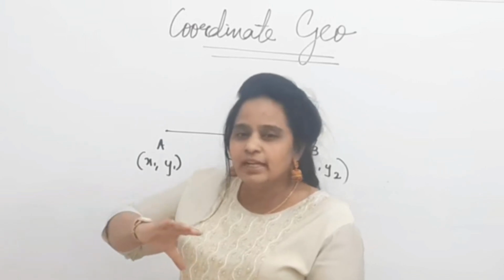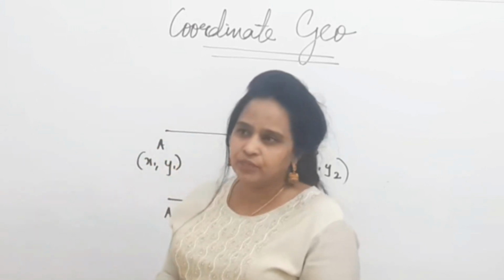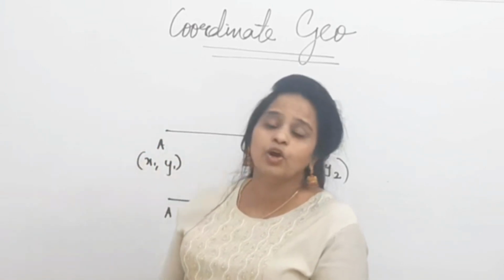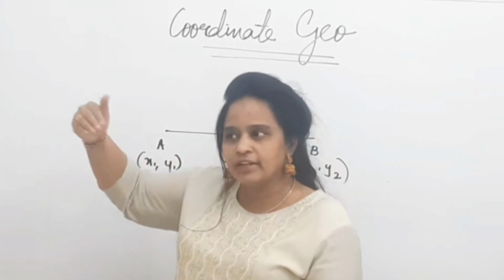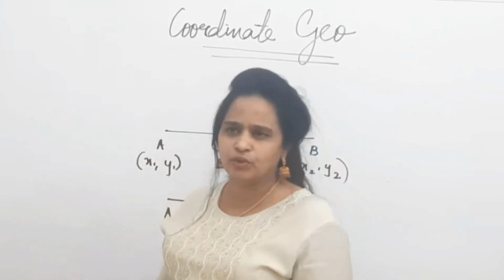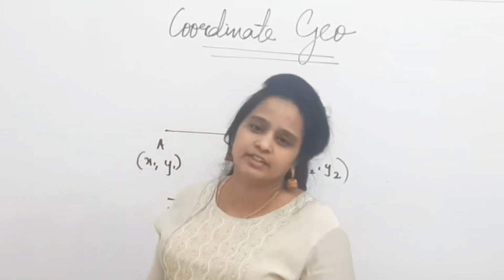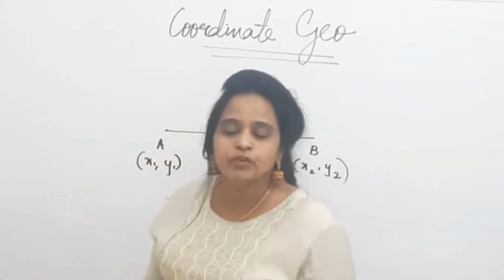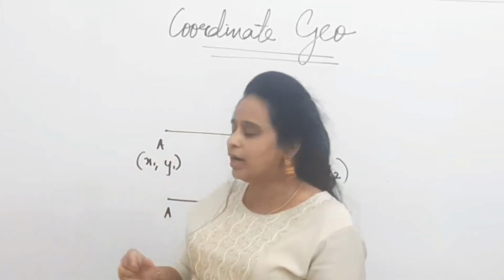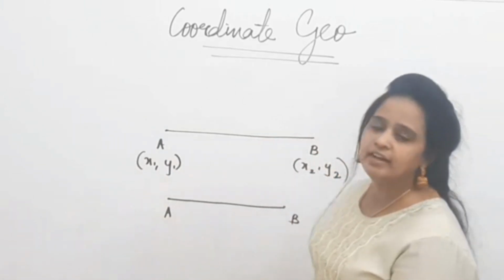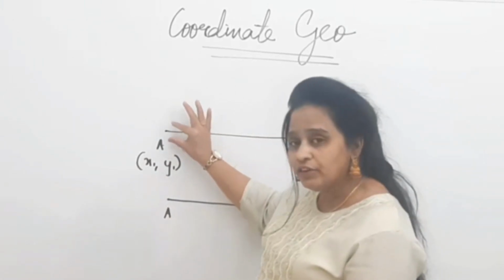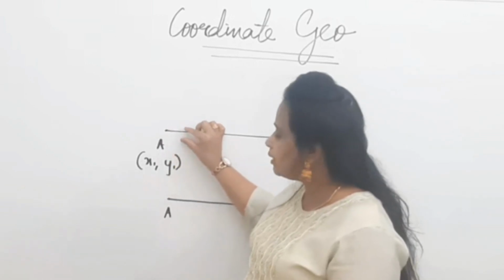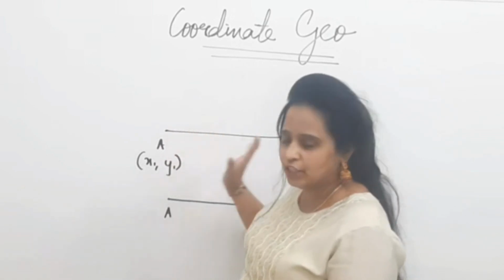The distance you will imagine is about the road. How long do I have to cross the road? What is the length of the road? That road is nothing but the line segment here in math. That's why we denote the line segment as the distance between any 2 points.